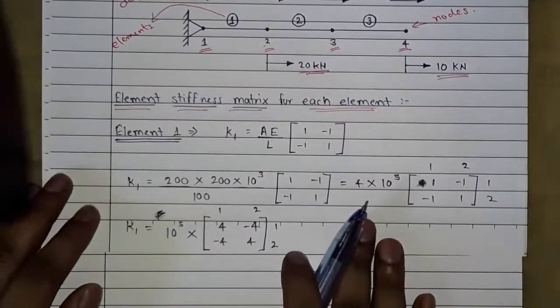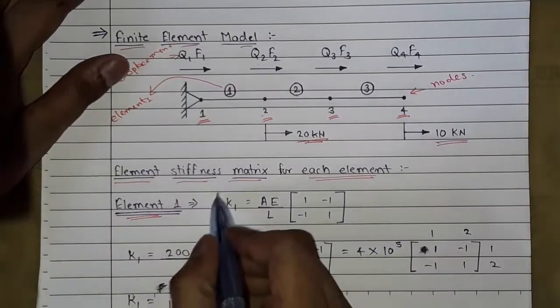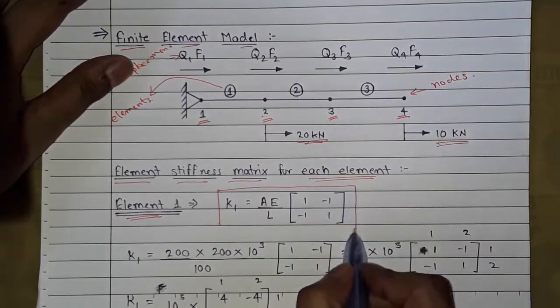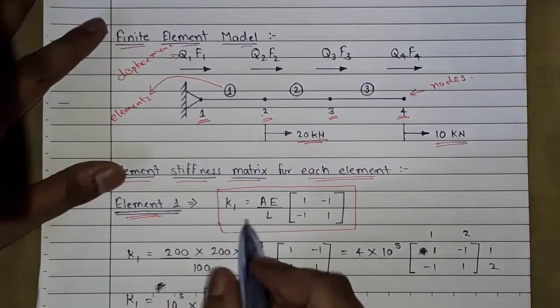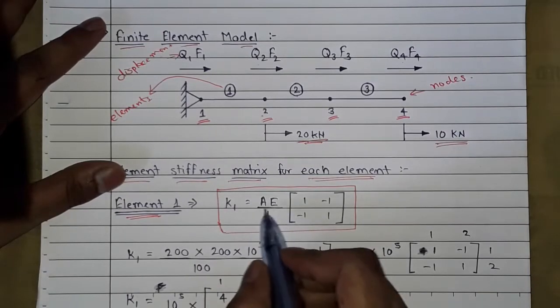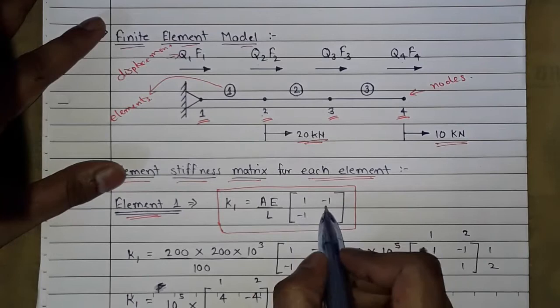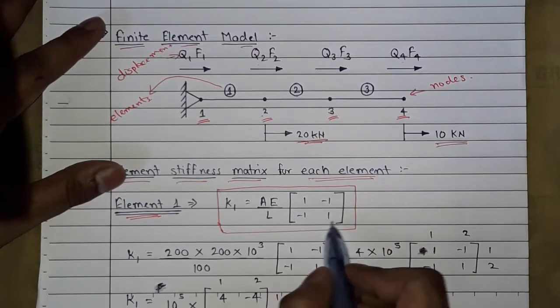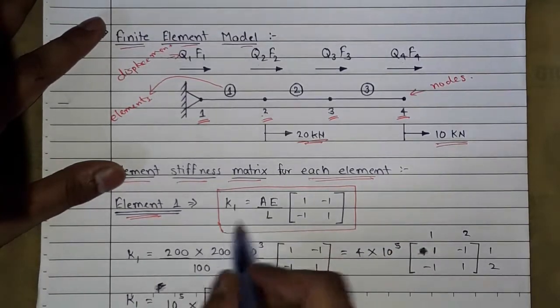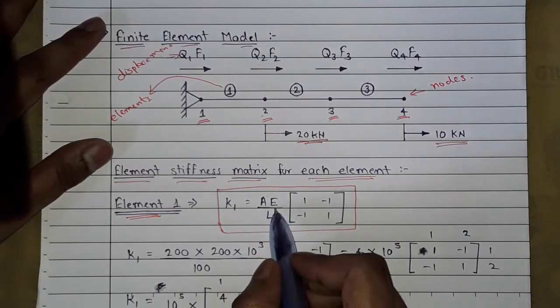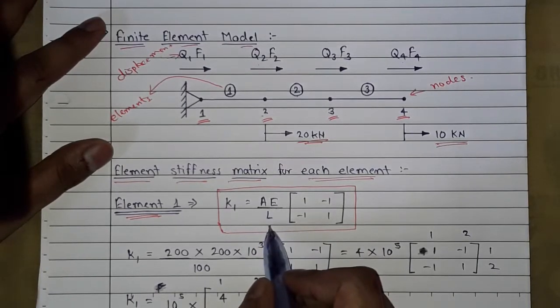Here friends, for element number 1, this is the common equation for each element, which is K is equal to AE upon L, and in the matrix 1 minus 1 minus 1 1. Here A is the area, E is the Young's modulus, and L is the length.